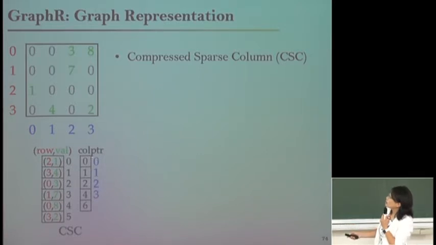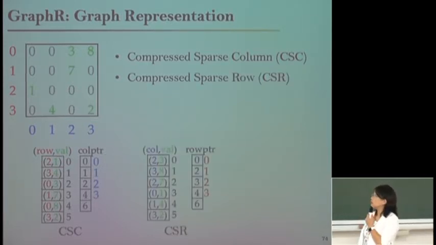Then for the information storage, it starts from entry 0 and looks for the entry over here. It holds the row numbers and the values of non-zero entries, so a 2 and a 1 over here. If there are many non-zero entries, for instance over here, we get 0, 3, 1, 7, and then the following pointer will be directed to entry 4, and so on and so forth. This is called the compressed sparse column, CSC, compression methodology.